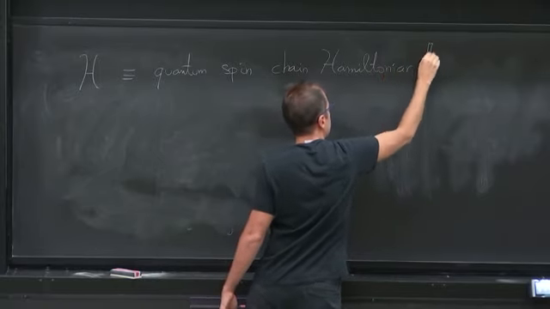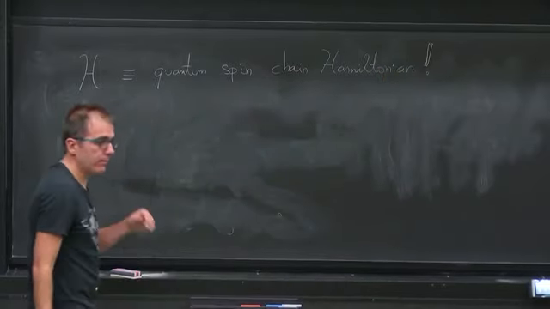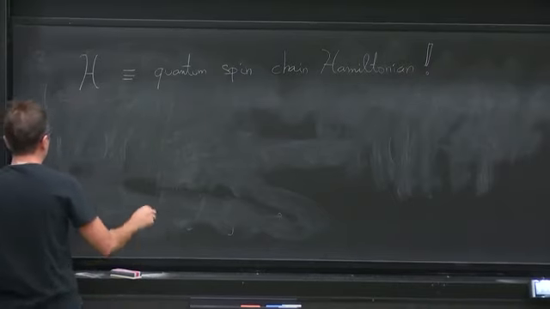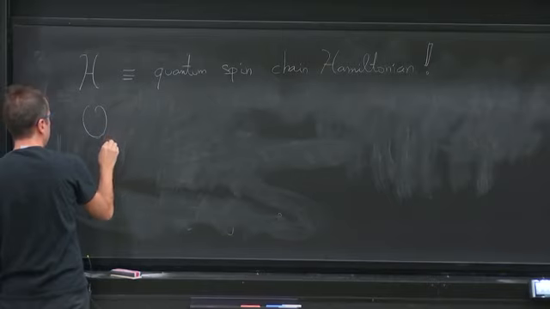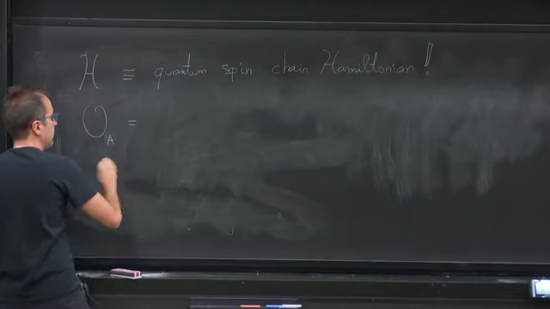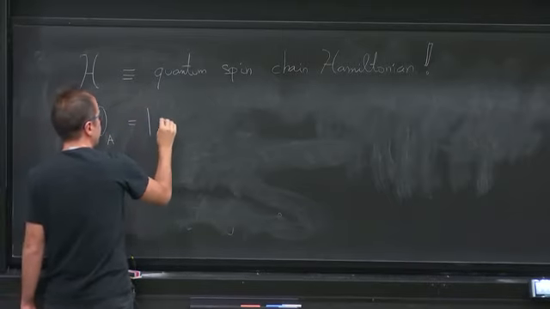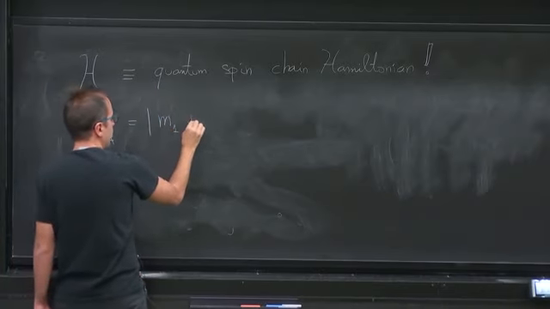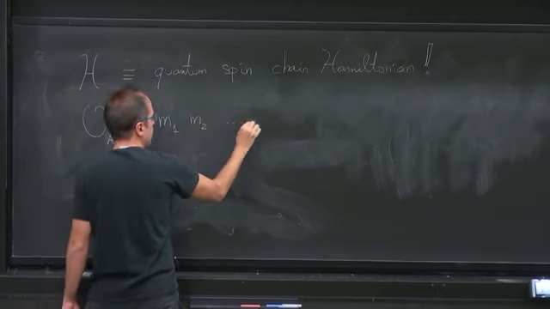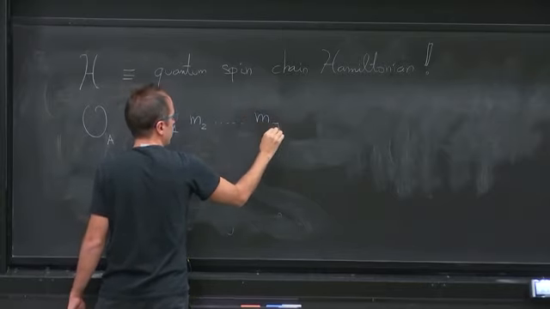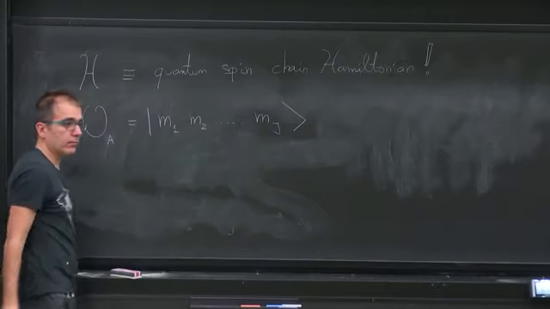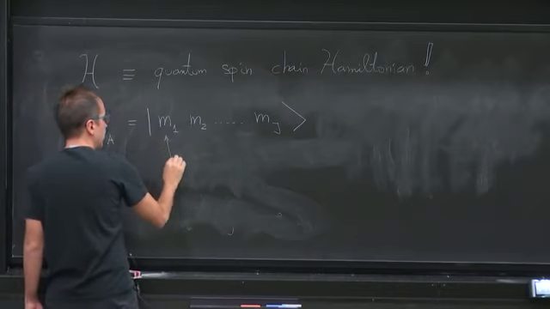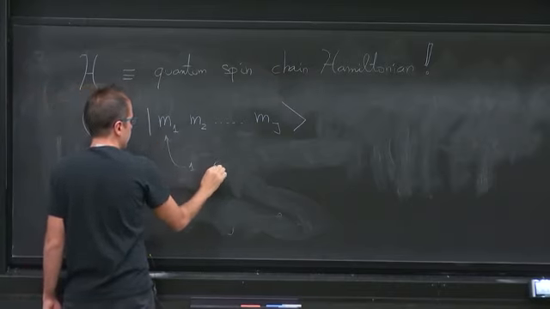So let's explain this. How do we do this? We just think of our operator OA as a spin chain where in the first site I have a degree of freedom M1, in the second M2, in the last one Mj. So it's an SO6 spin chain where this value takes values 1 to 6 and so on.